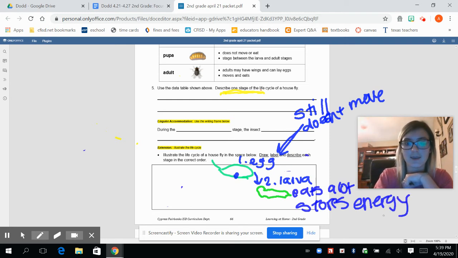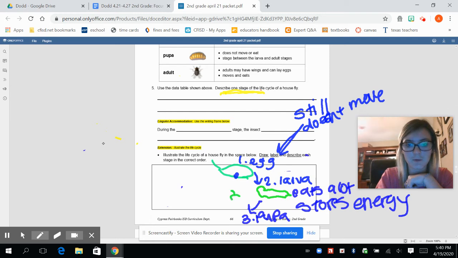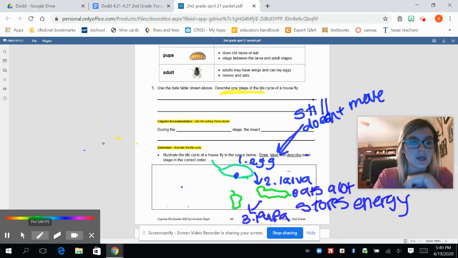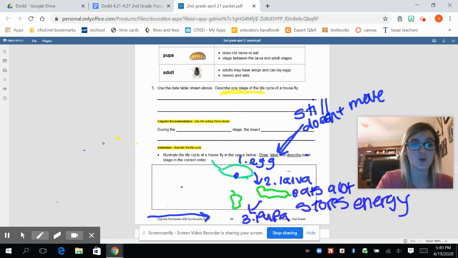Okay, then let's move to stage 3, which is the pupa. And I'll draw a little, this is the little cocoon thingy. All right, so in the pupa stage, there is no eating.